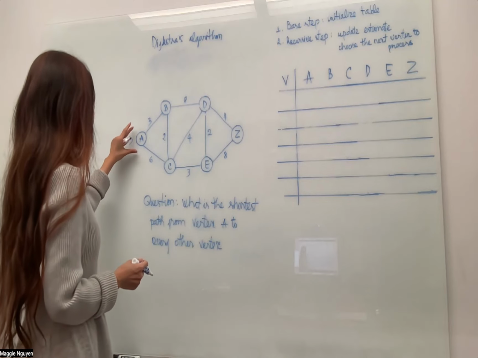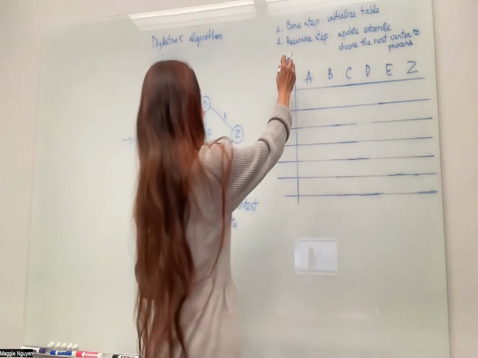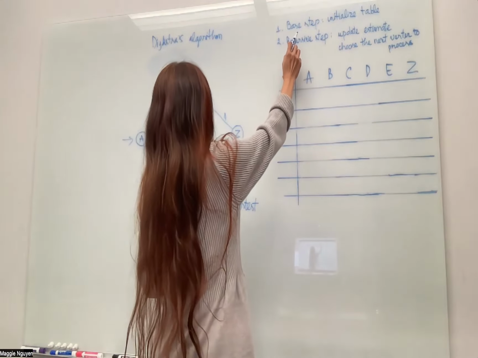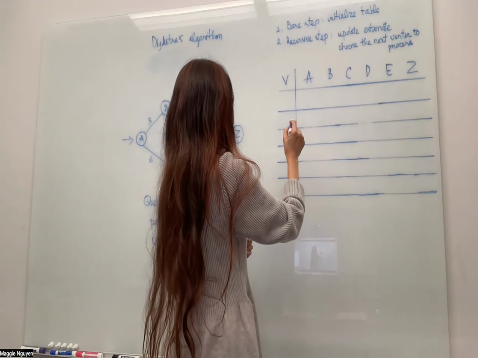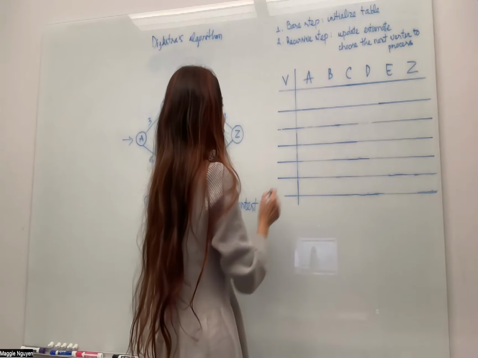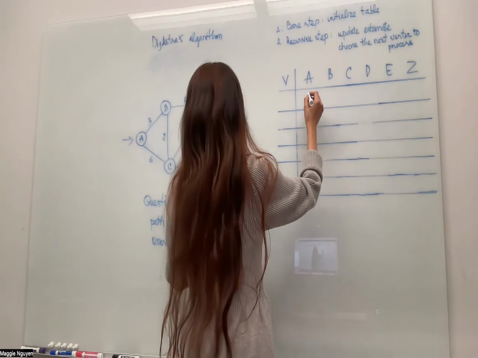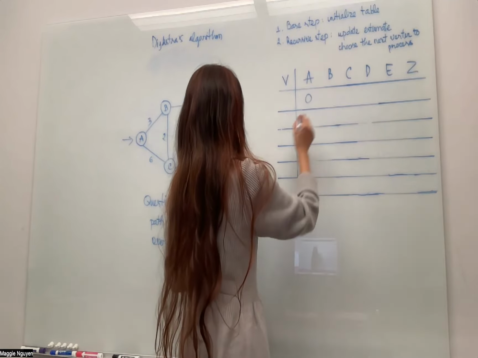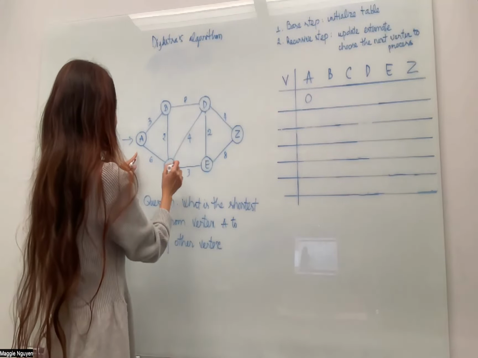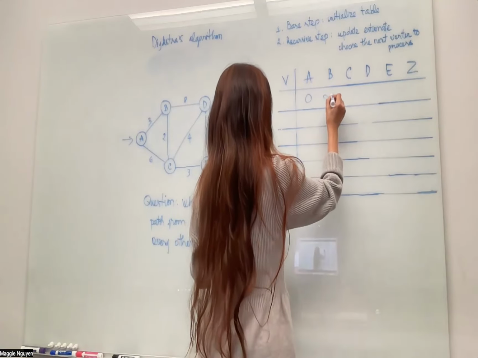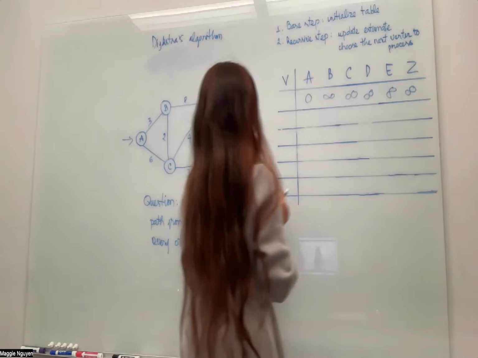So we start from vertex A. The base step is to initialize the table. So A to A is 0, and every other vertex is infinity because we have not explored them yet.